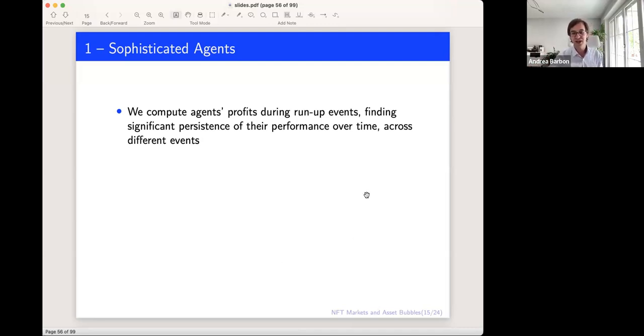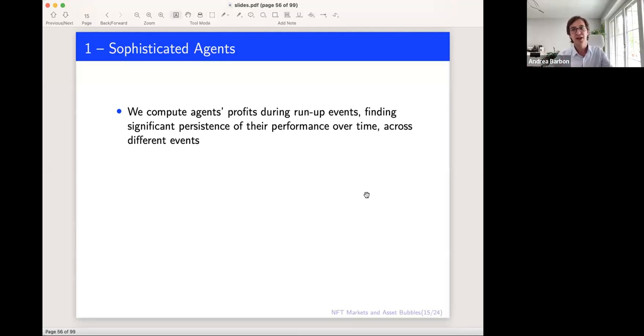Because we have this autocorrelation of performance over time, we can say that returns are not only driven by luck here. So there is some skill component.